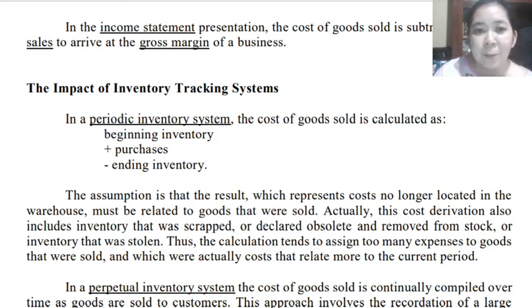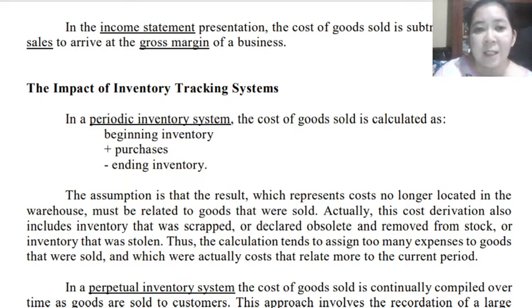So this cost derivation also includes inventory that was already scrapped or declared obsolete and was removed from the stocks, or even those inventory that were stolen. Meaning ending inventory just pertains to what is left in the stock room.